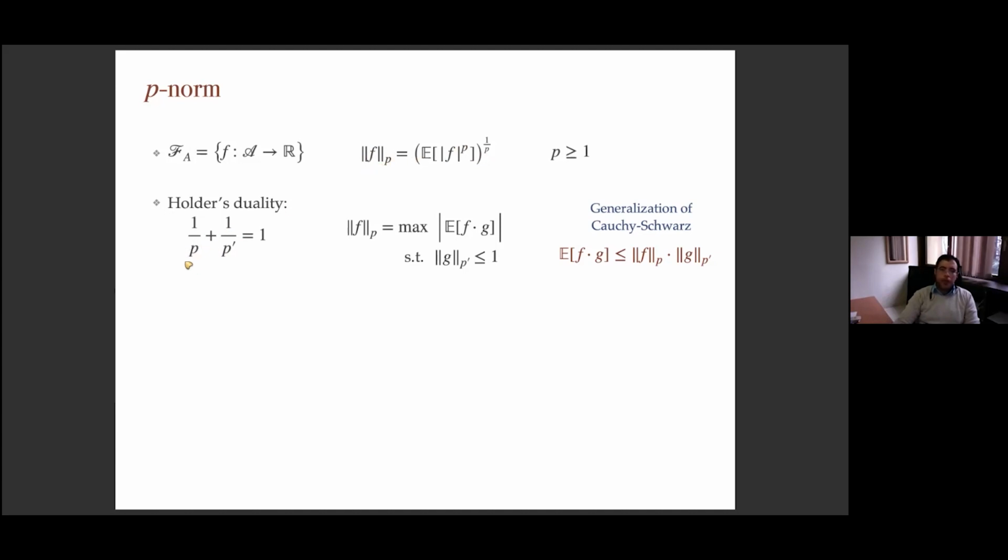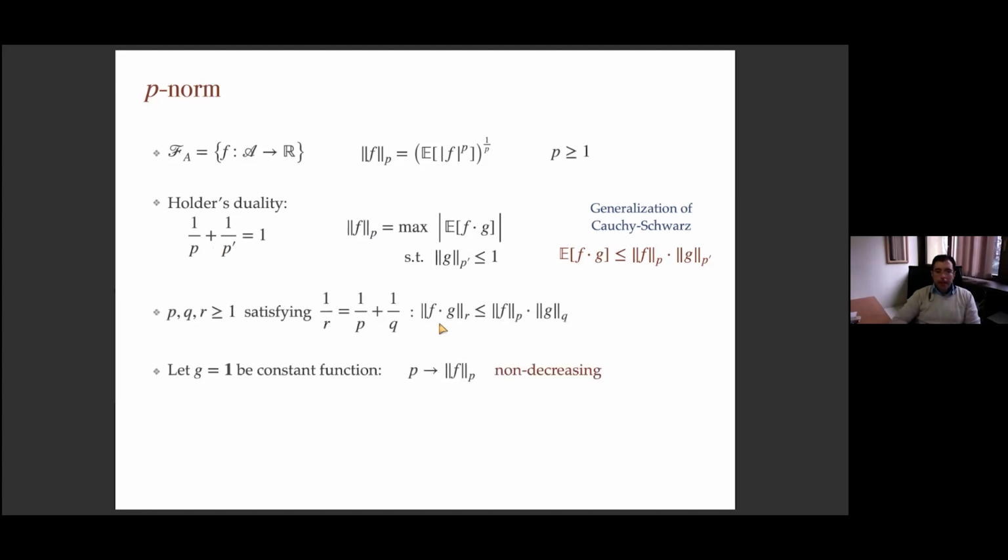So if p is equal to infinity, p prime would be 1. These are like the dual of each other. When the norms are related by this equation, then these spaces with different norms are dual of each other because of this characterization.